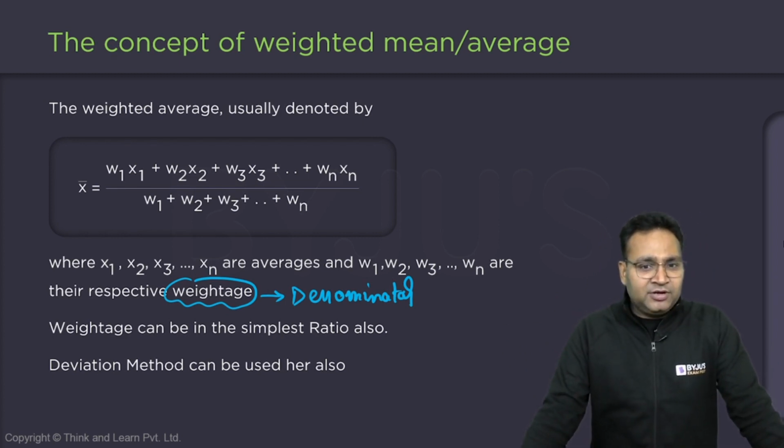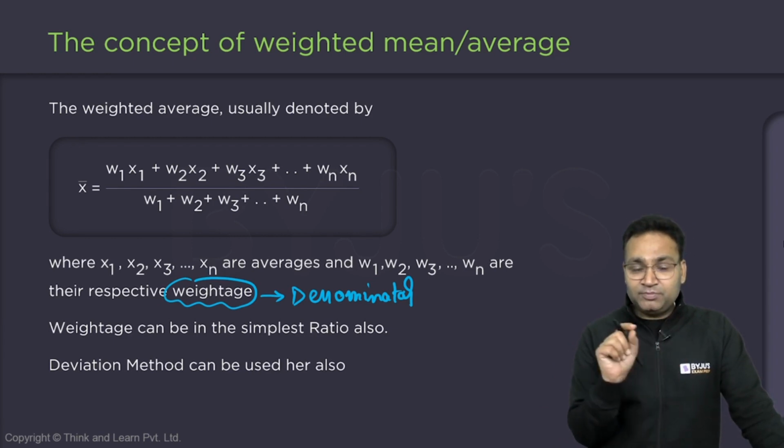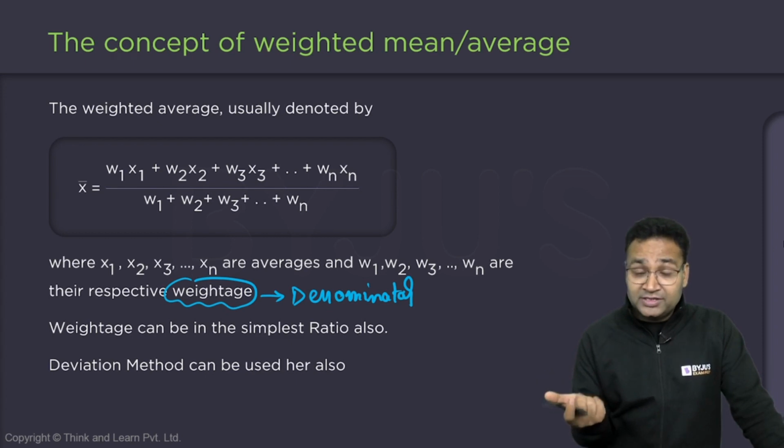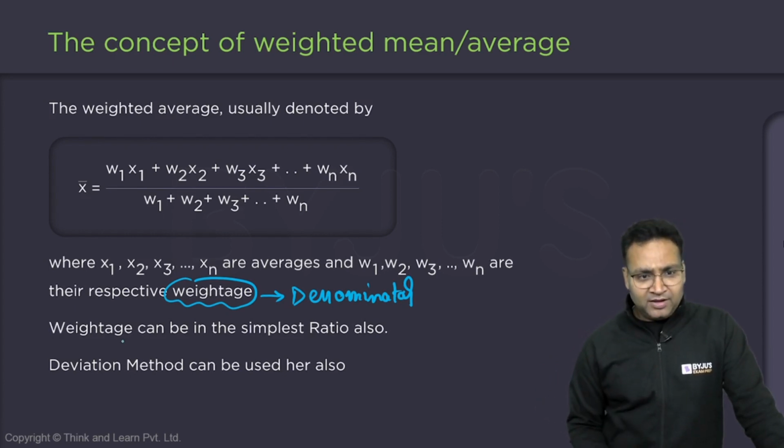I say chocolates per student. Student is the base. I say teachers per student, that is, the base is students. Kilometer per hour, hour is the base denominator. That is the weightage. Weightage can also be converted into the simplest ratio.